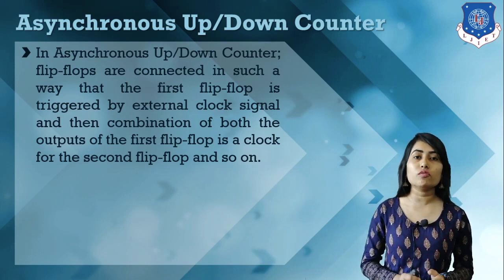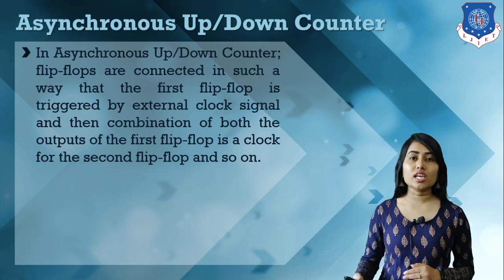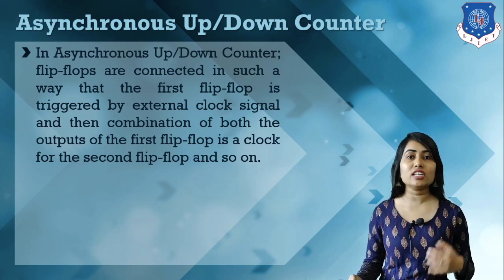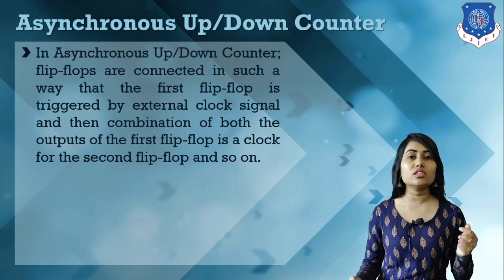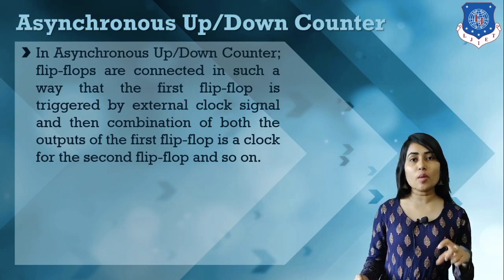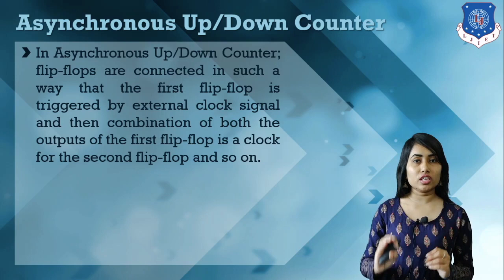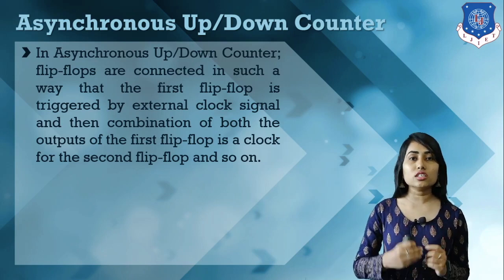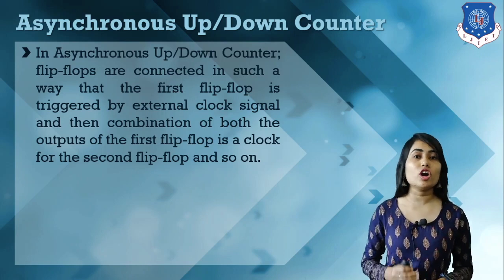Then the second flip-flop gets a combination of the outputs, that means we connect Q and Q dash in combination, and we connect that combination as the clock for the second flip-flop, and so on.